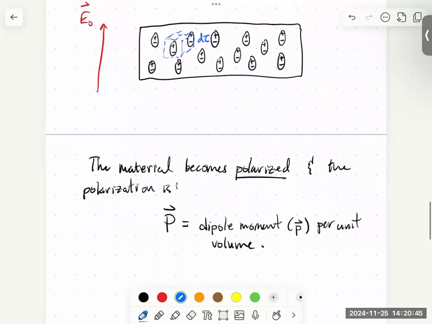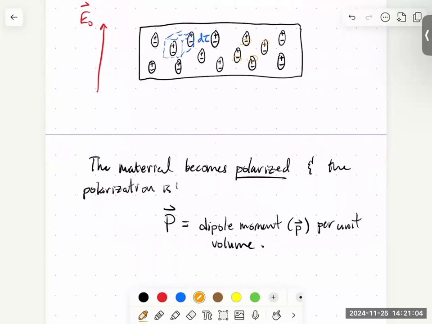But if you look at this picture, if you look at the inside, wherever I have a negative, I have a nearby positive. And so here's a positive and a negative. And so those tend to cancel out.